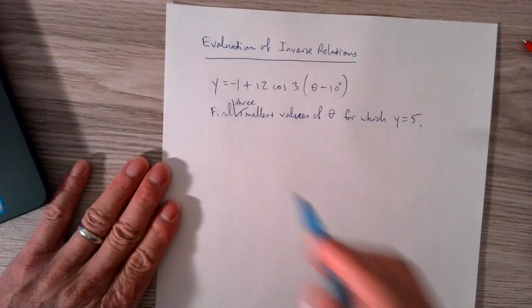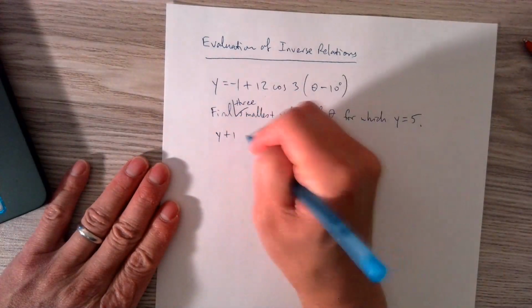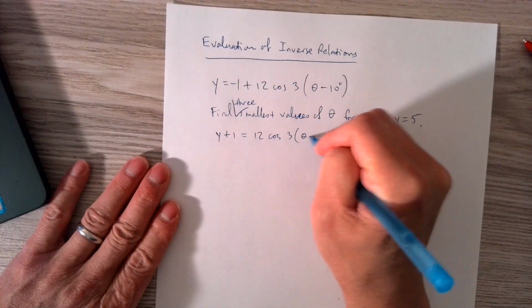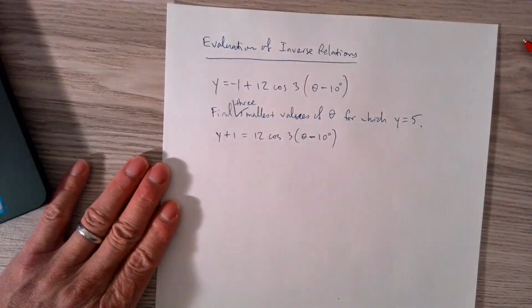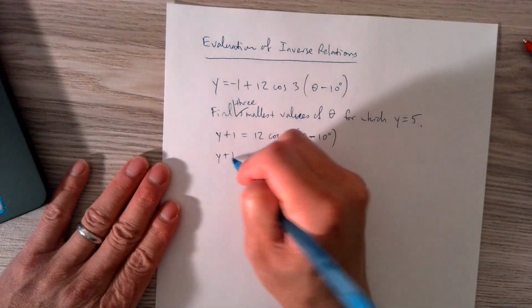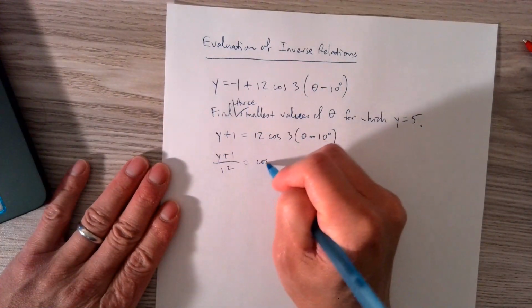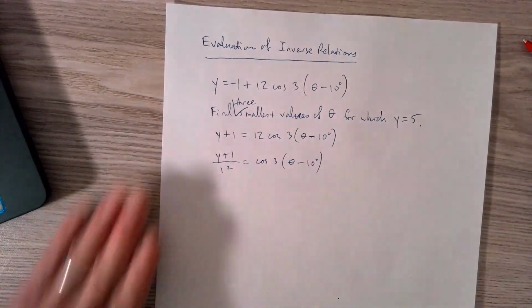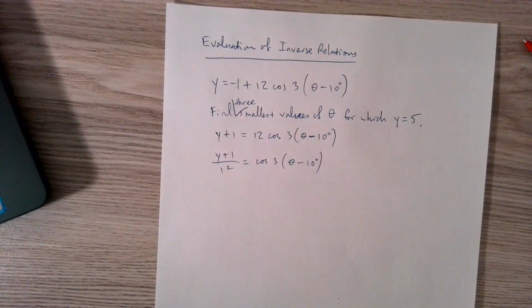So isolating theta, I'm going to add 1 to both sides first. Divide by 12. Okay, and here's where the inverse trig function comes into play.